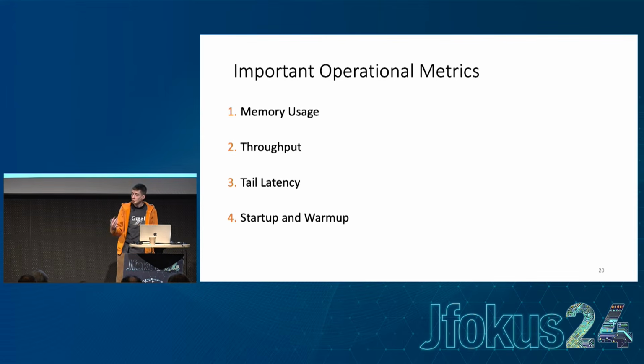The first one is memory usage. What happens in JIT compilation is that there's a lot of memory wasted by the JIT compiler itself, by the profiler that looks at the application, and by the application metadata that needs to be kept around. Second, you want to have good throughput, of course, right? You want to have good tail latency, and you want to have good warm-up and startup, right?